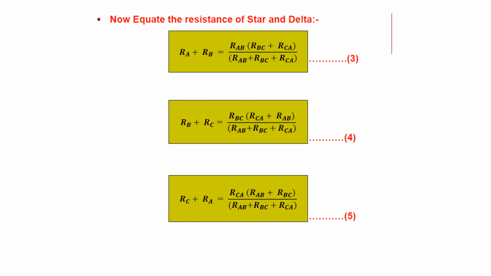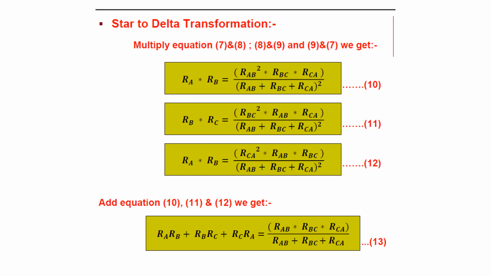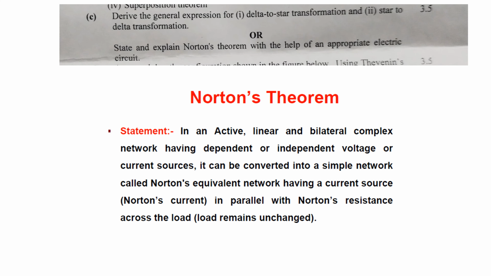Moving to the next, equating the resistance of the star and delta, and then adding all these equations, is a very long calculation, so there might be chances of getting errors. My suggestion is to write with Norton's theorem. With the help of an appropriate electric circuit, you can draw it, as I have given the definitions here only.